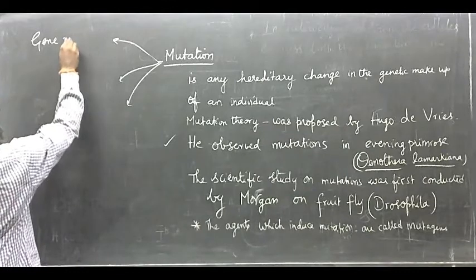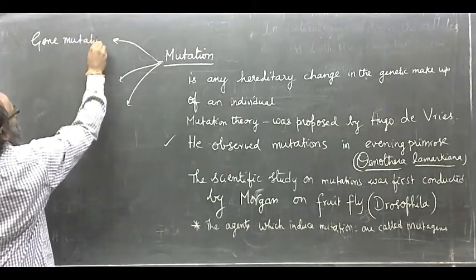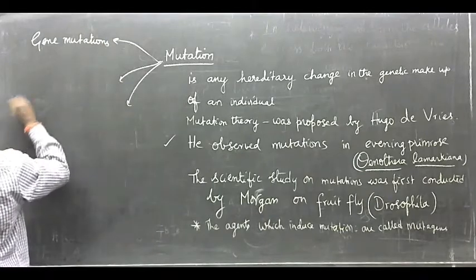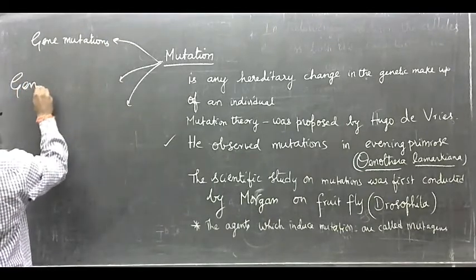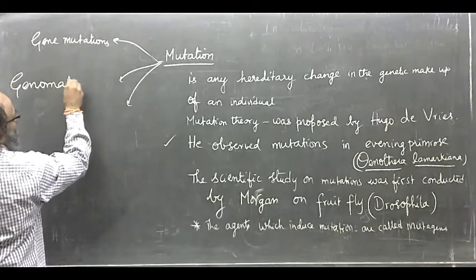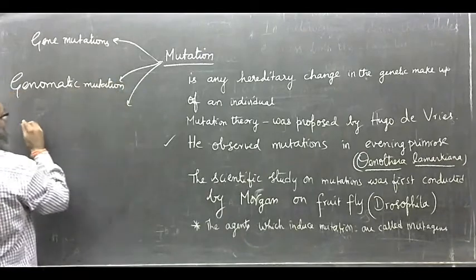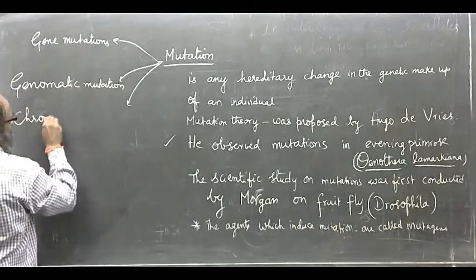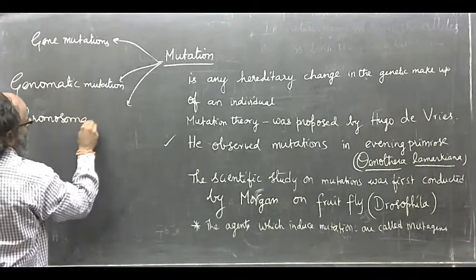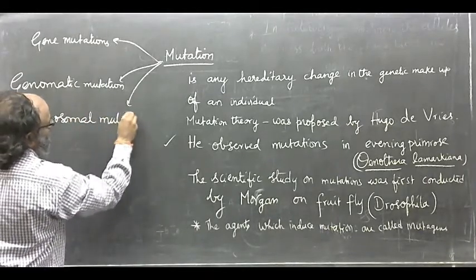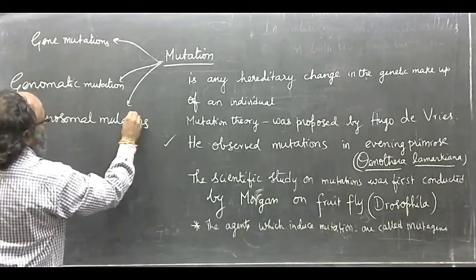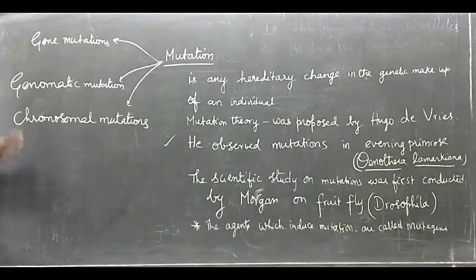One is gene mutations, second is genomic mutations, and the third is chromosomal mutations. So mutations can be studied under three heads: gene mutations, genomic mutations, and chromosomal mutations.